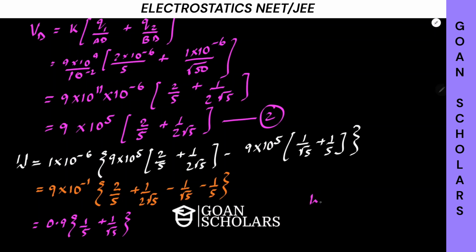So let me write here, work done will be equals to 0.9 into 0.2 plus 0.67. Okay, so let's add them. 0.67 plus 0.2, that will be 0.87 into 0.9. So our answer is approximately 0.78, okay, joules. This is our answer to this particular problem.